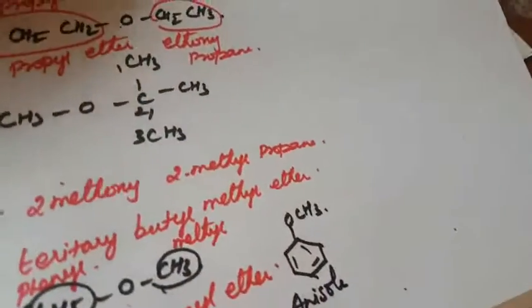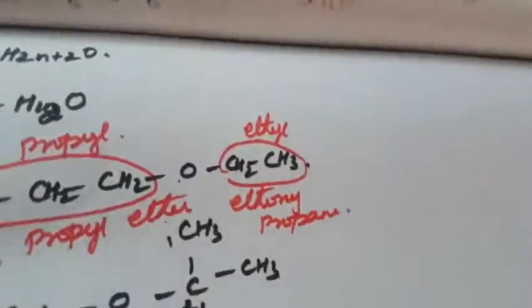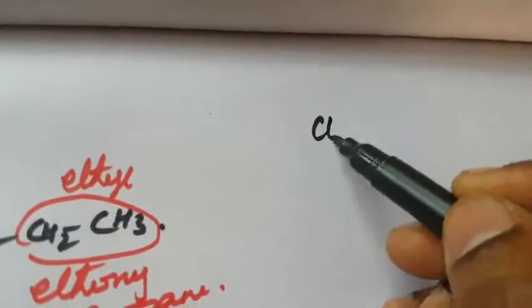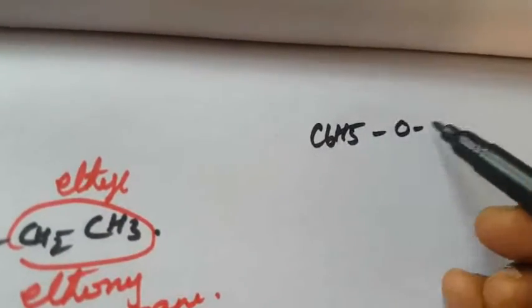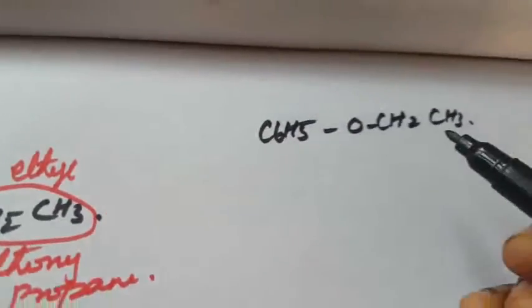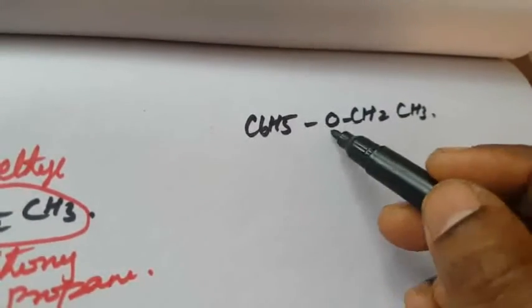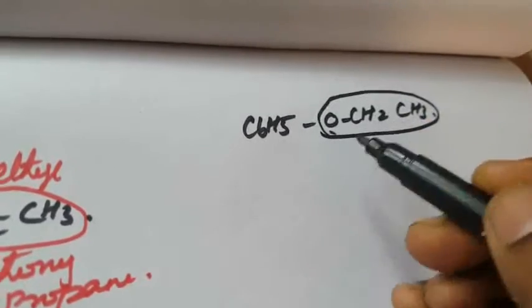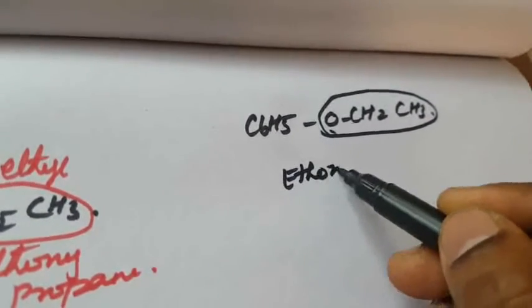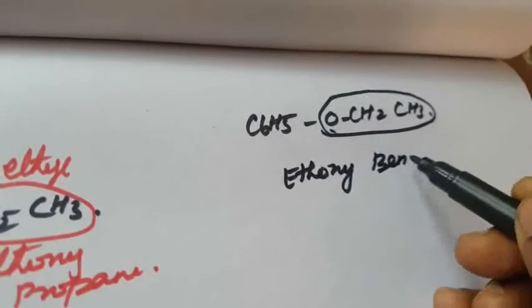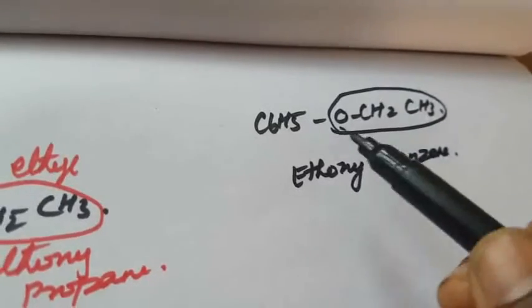Okay, another one is phenetole. How to write the phenetole? C6H5OCH2CH3. What is the name of this compound? This is called ethoxybenzene.